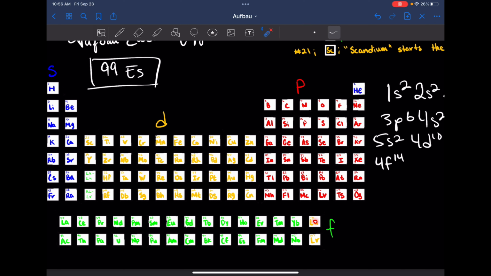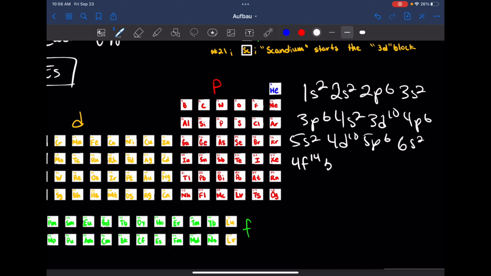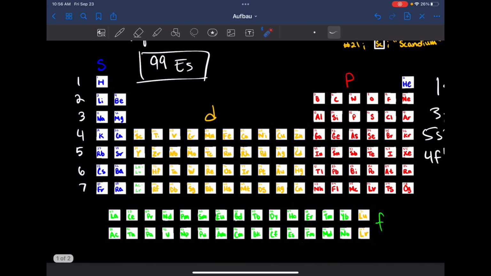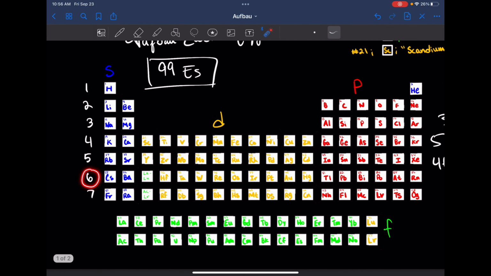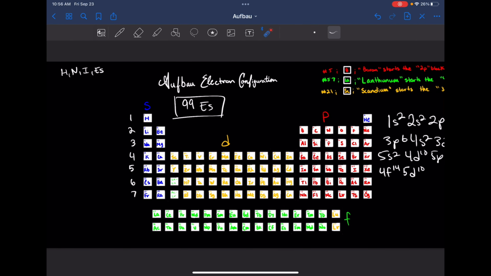So 5d1, then we jump all the way back here to Hf, hafnium. So 5d1, 5d2, 3, 4, 5, 6, 7, 8, 9, 10, 5d10. Now 6p6. We'll go through those.